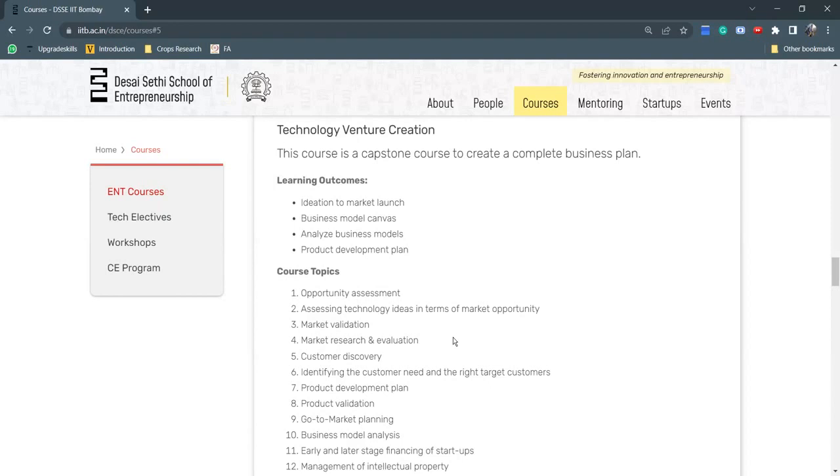All these things are where technology venture creation comes in, and after this course it is expected that you launch your startup. It is expected, but it's not that you will definitely launch. But if you follow this timeline, this is how it was designed, so that after this course, students can launch their startup.